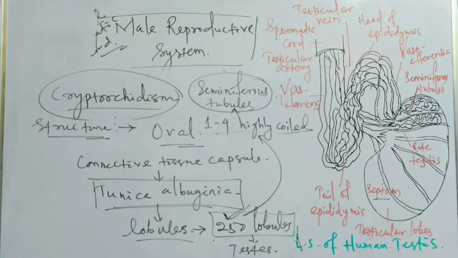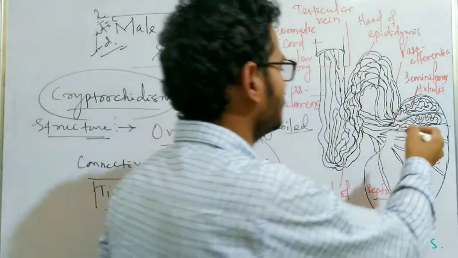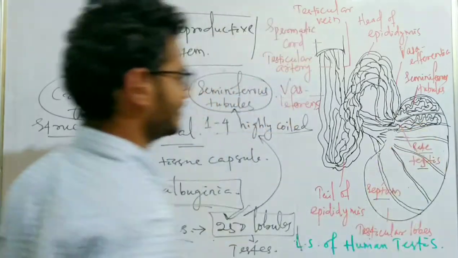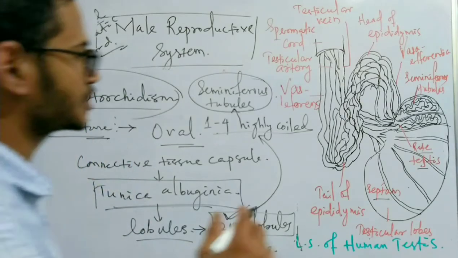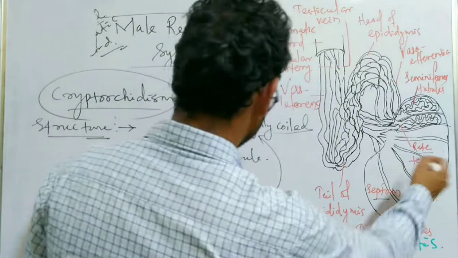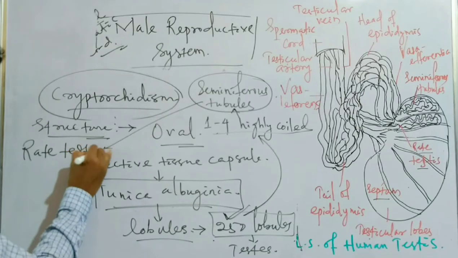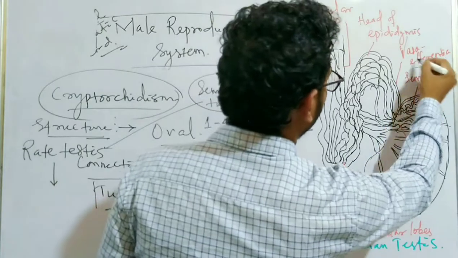The seminiferous tubules join together to form a straight tubule which leads to the rete testis.